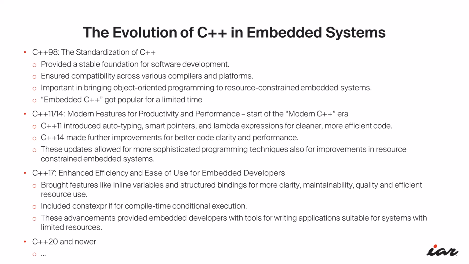C++11 introduced auto typing, smart pointers, and lambda expressions, leading to more efficient and cleaner code. Then we had C++14, which made further improvements for better code clarity and performance.